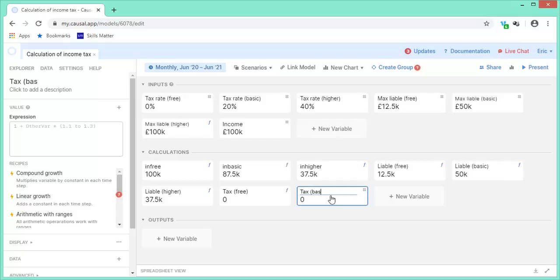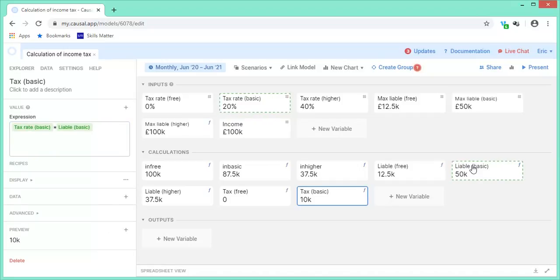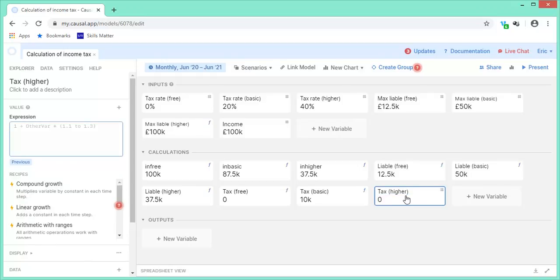Basic tax will be the basic tax rate times liable basic, 10 grand, and then tax higher will be higher tax rate times liable higher.